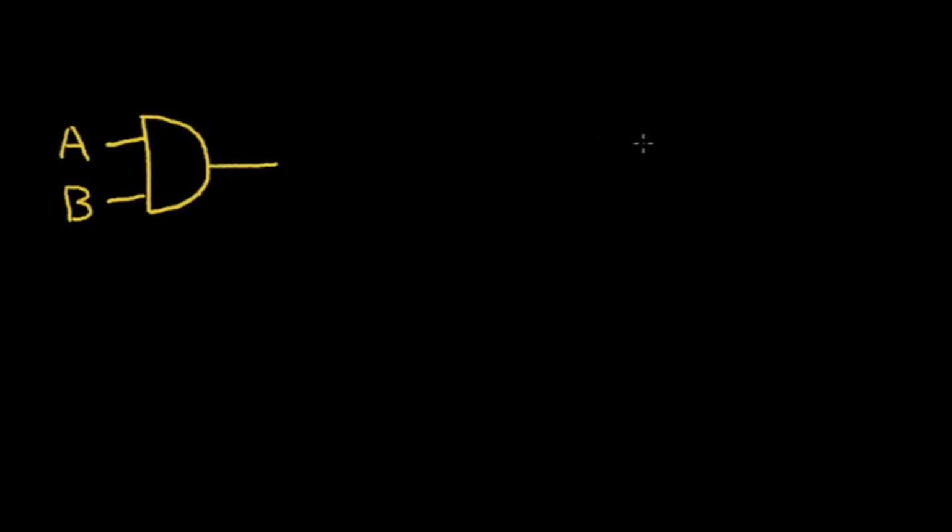Now the OR logic symbol is slightly different. It has a curve as input. We call this input A in our example, input B, and it has an output.